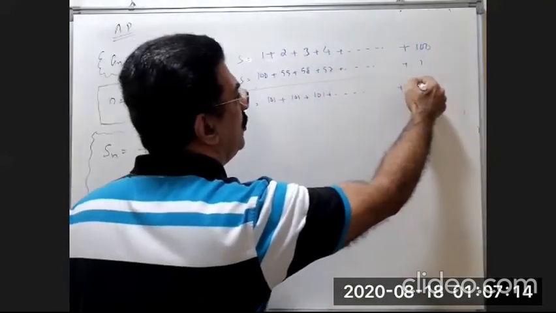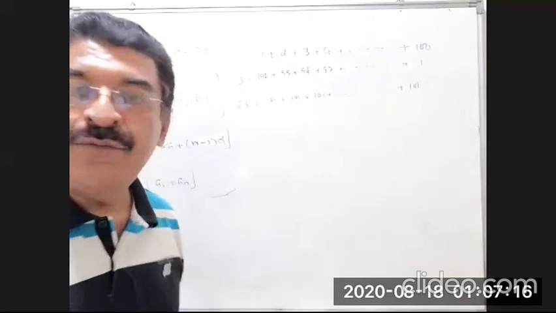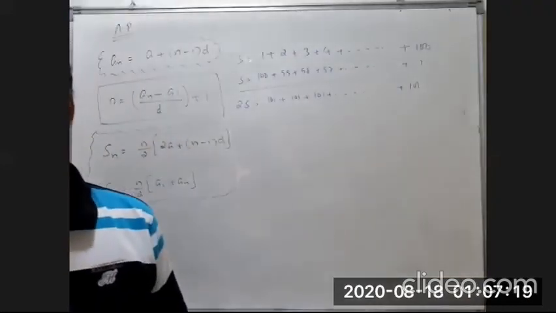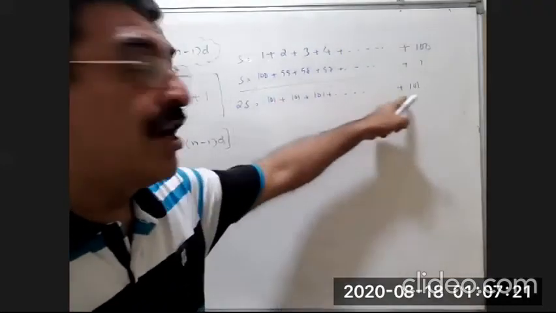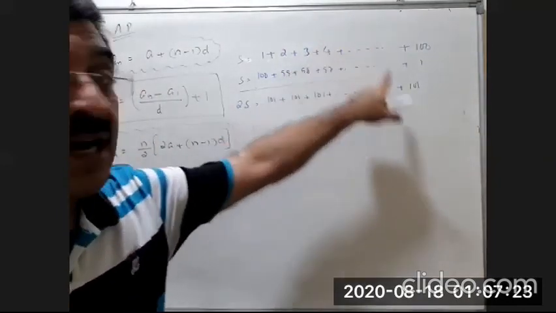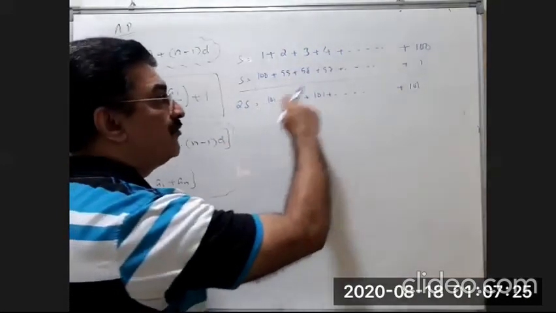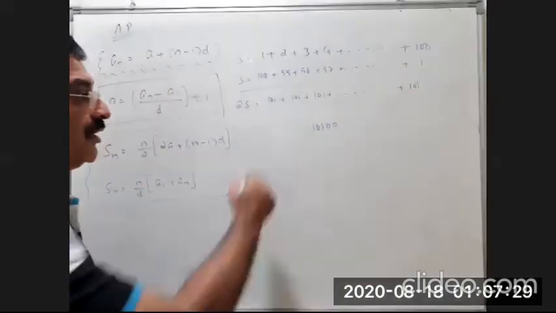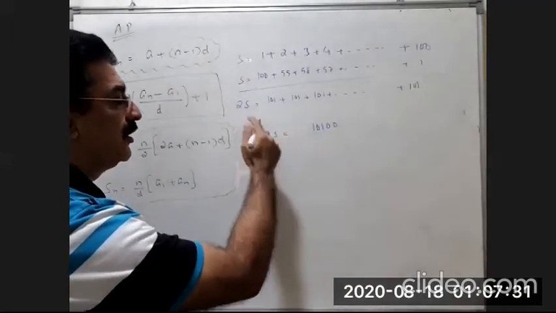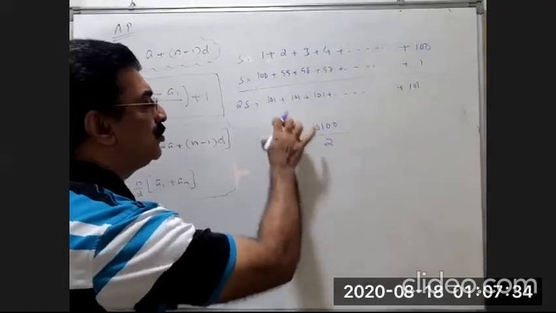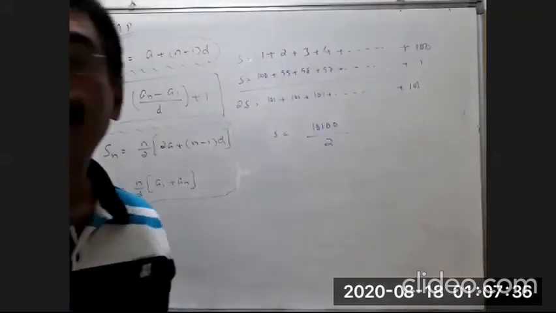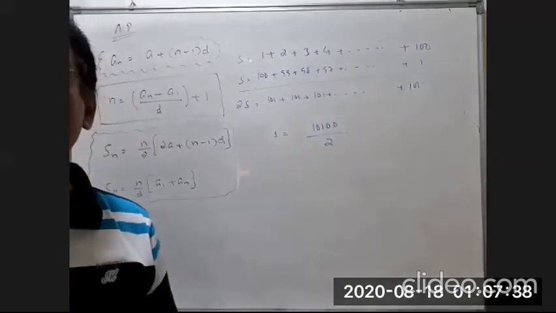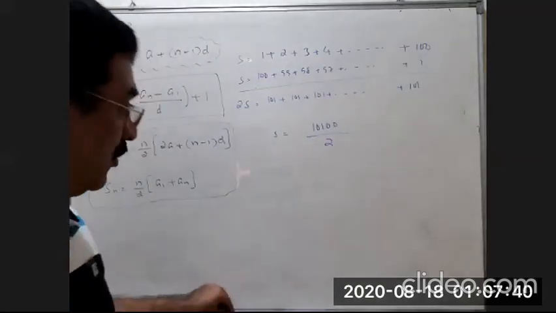He observed that all these terms were 101. And 101, how many times? 101, 100 times, is 10100. That is 2S. Then S is this divided by 2. That gives the sum. So within a minute or two, he got the answer.